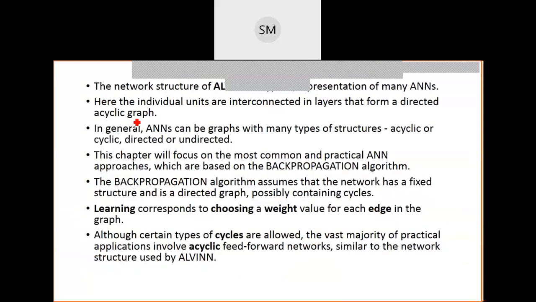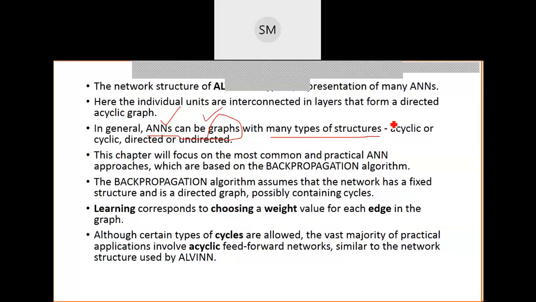See, in general, an artificial neural network can be a graph with many types of structures. I am talking about the artificial neural network representation, right? This network may look like a graph. You studied graphs already in the third or fourth semester, I think.